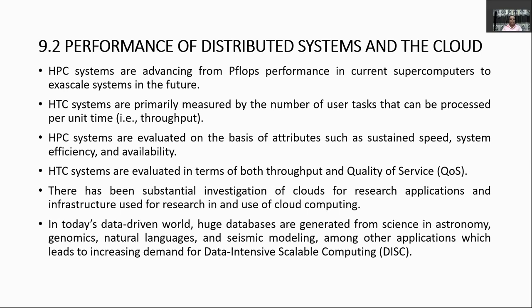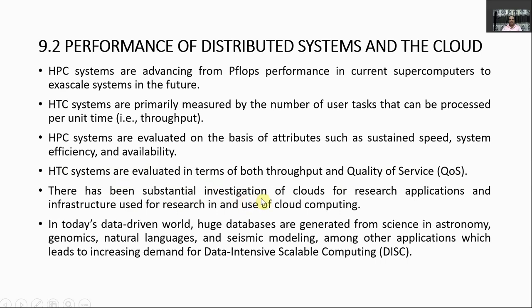So that is nothing but throughput. HTC systems are measured from the perspective of throughput. HPC systems are evaluated on the basis of attributes such as sustained speed, system efficiency, and availability. HTC systems are evaluated in terms of both throughput and the quality of service.